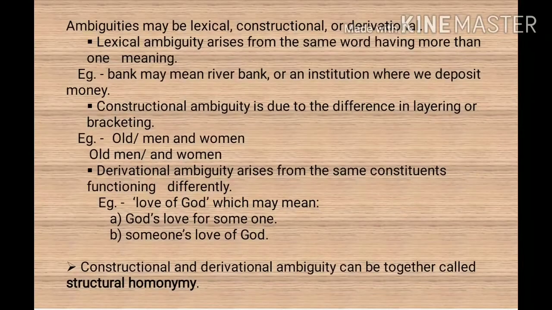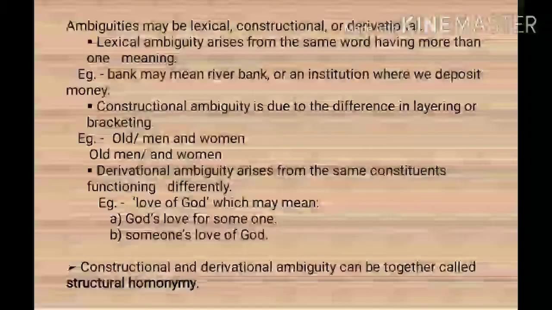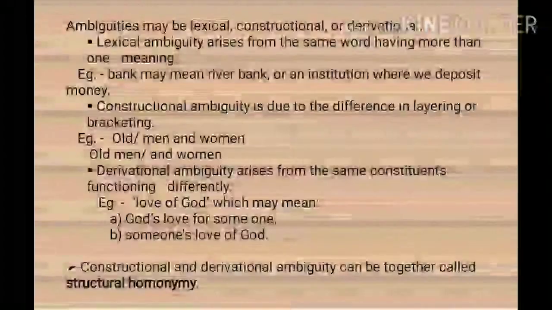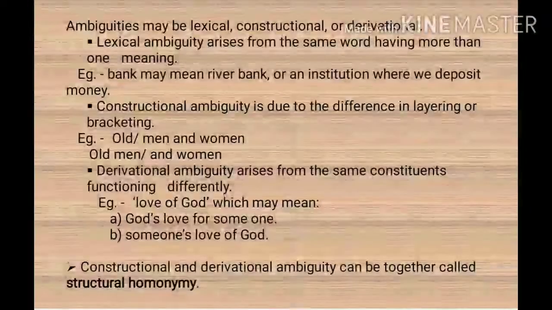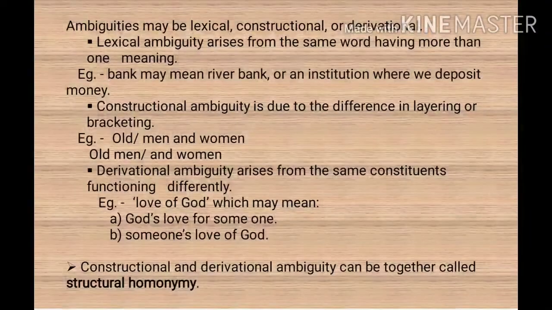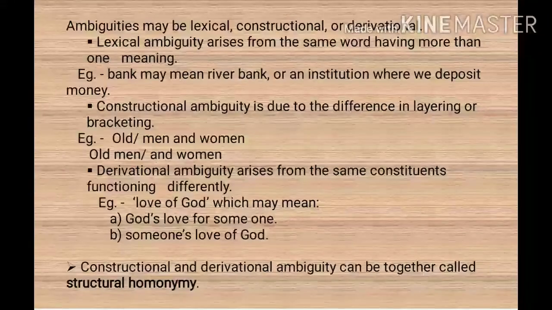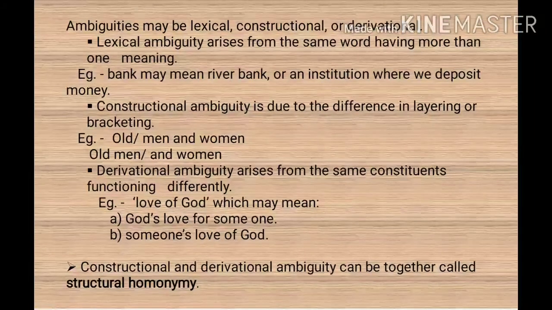Derivational ambiguity arises from the same constituents functioning differently. Example, love of God, which may mean God's love for someone or someone's love of God. Therefore, we can say that constructional and derivational ambiguity can be together called structural homonymy.